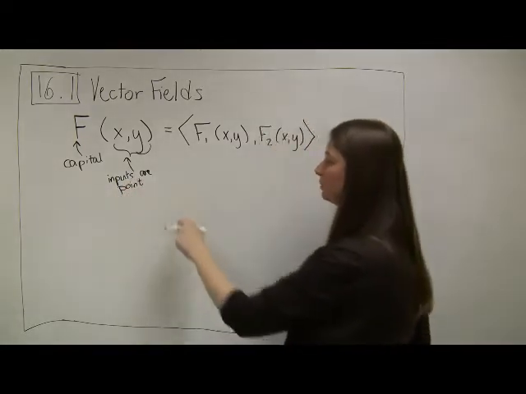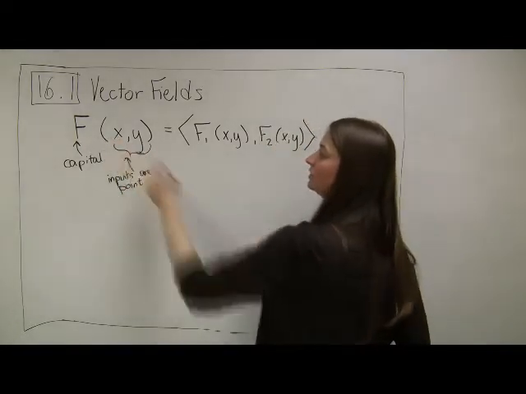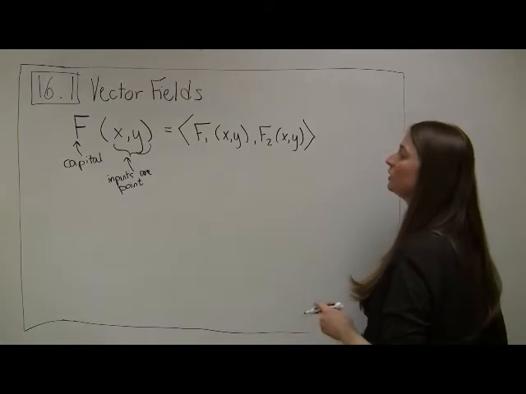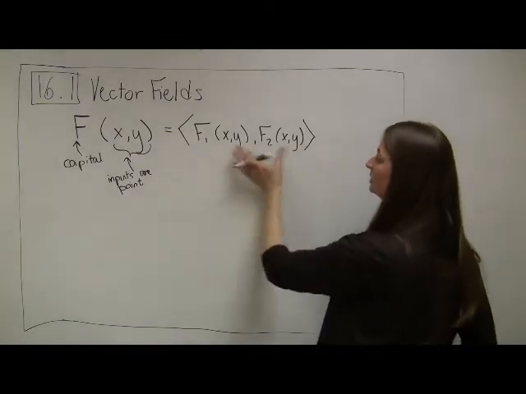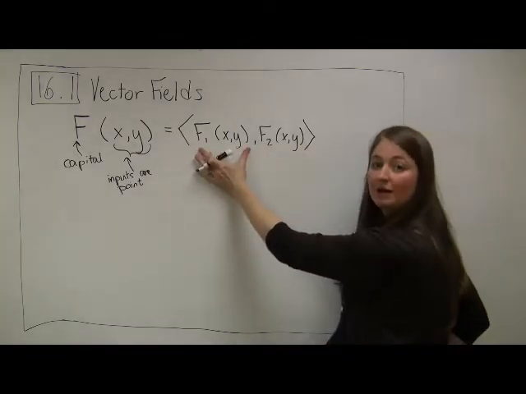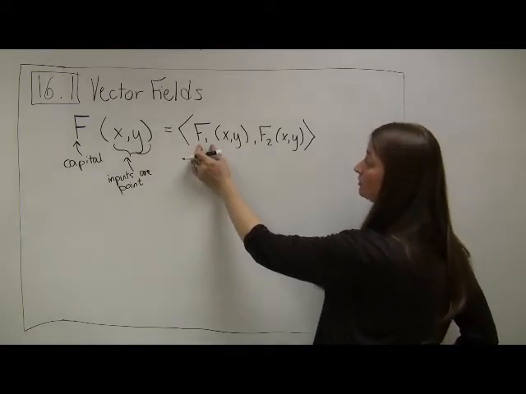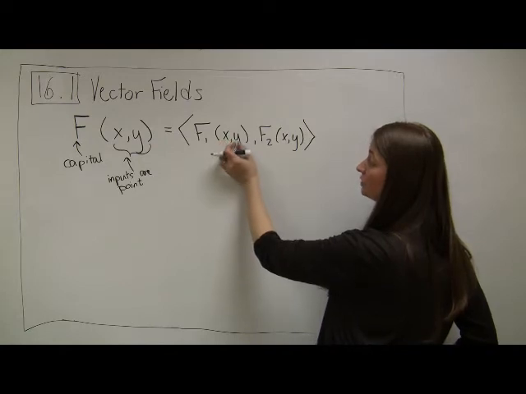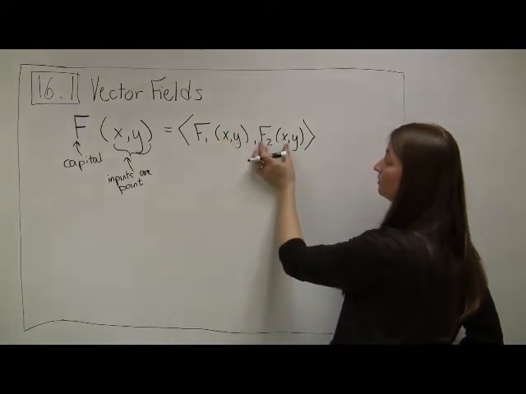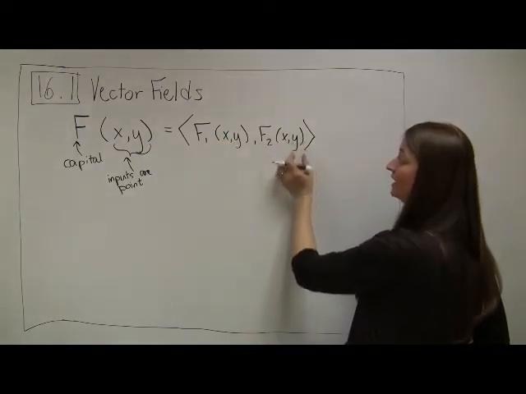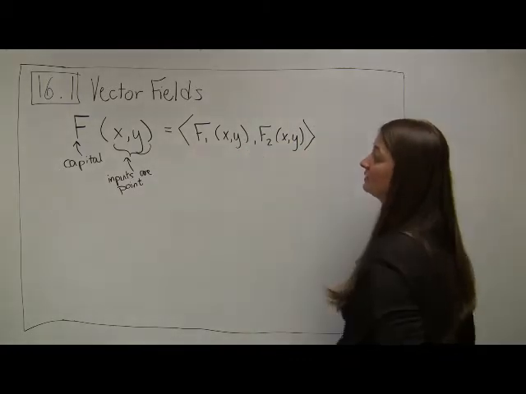So I can pick any point on the xy plane. That's the input that's going to go into this function. And what do I get out? I get out a vector. And this vector is going to be described by two different component functions. So f1 we call a component function, and it's going to be a function of x and y. And f2 is another component function, and it's a function of x and y. And together, they make up a vector.